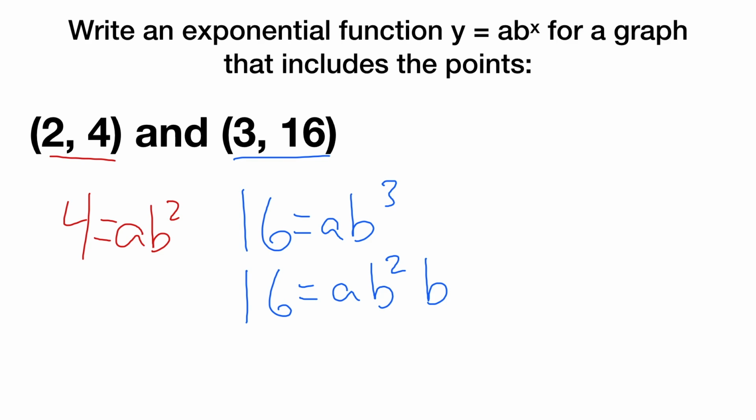The reason why that matters is ab squared could be rewritten as 4. So 16 equals, I'm going to substitute 4 for ab squared, times b, divide both sides by 4, b equals 4.